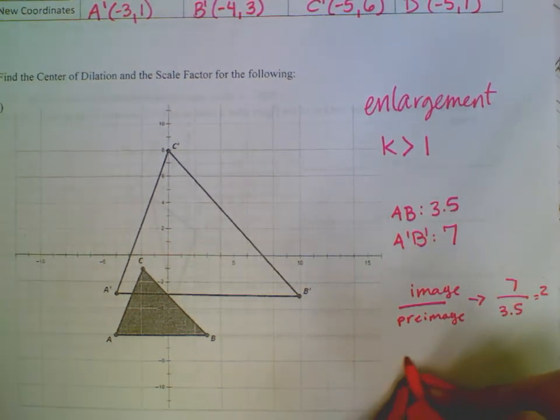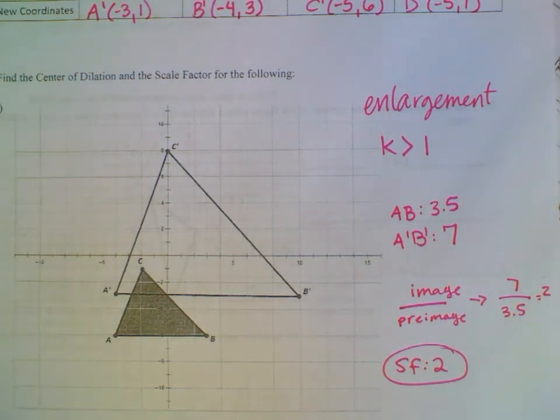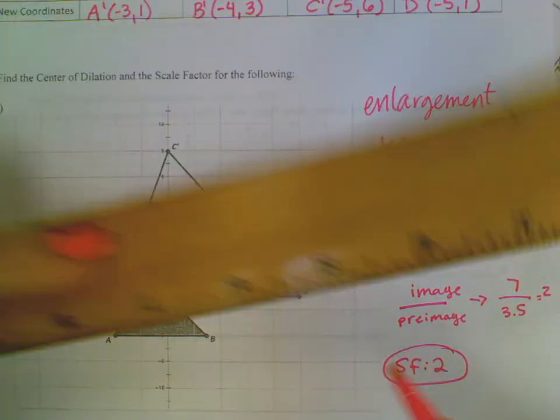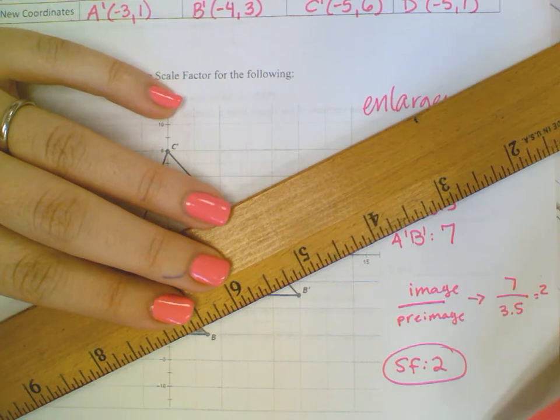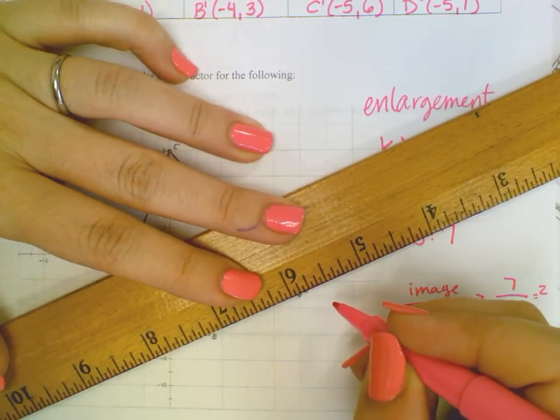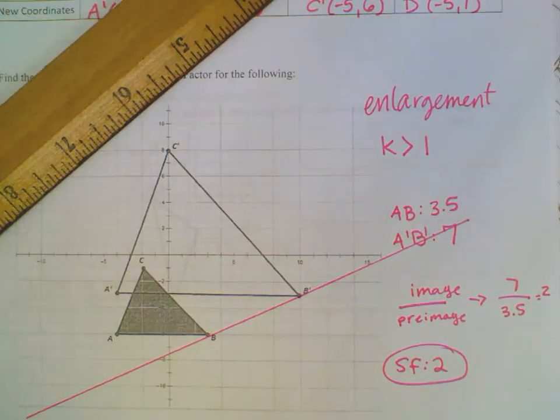Now, what I need to do in order to figure out where my center of dilation is going to be is line up my B and B prime, the two that have the same letter, and draw a line that goes through both.